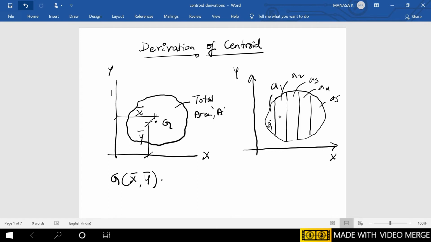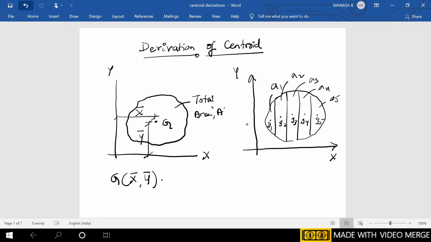The same thing if I consider for A2, I'm having G2 as centroid, A3, G3, A4, G4, A5, G5. So these are the centroid points of every elemental strip A1, A2, A3, A4.